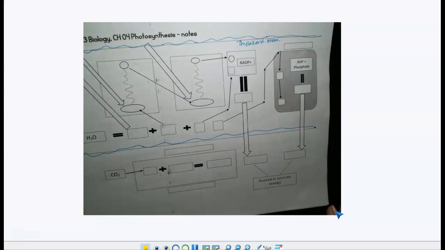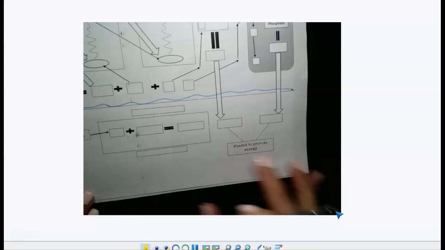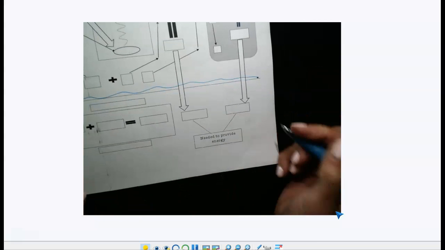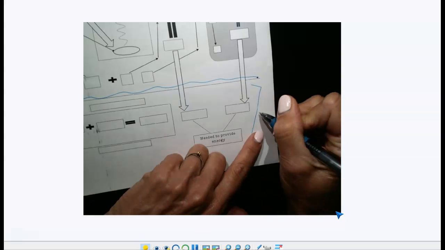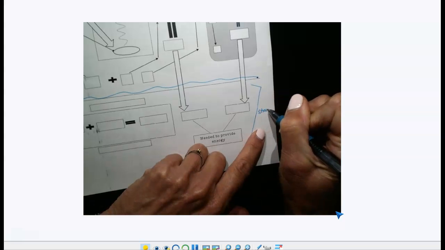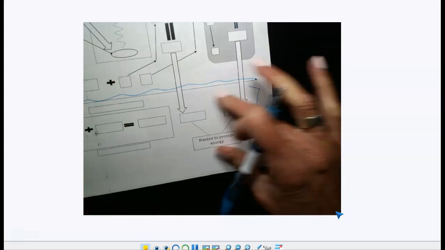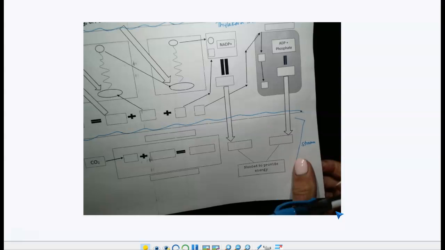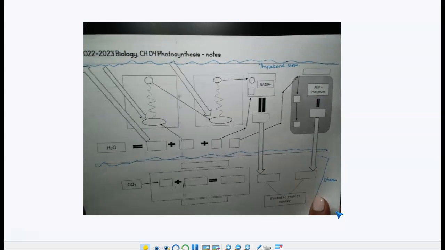Now, all this space down here, and I'm just going to put an arrow here, this is my stroma. This is the fluid part, and this is inside of the membrane. So we are going to start inside of the membrane.